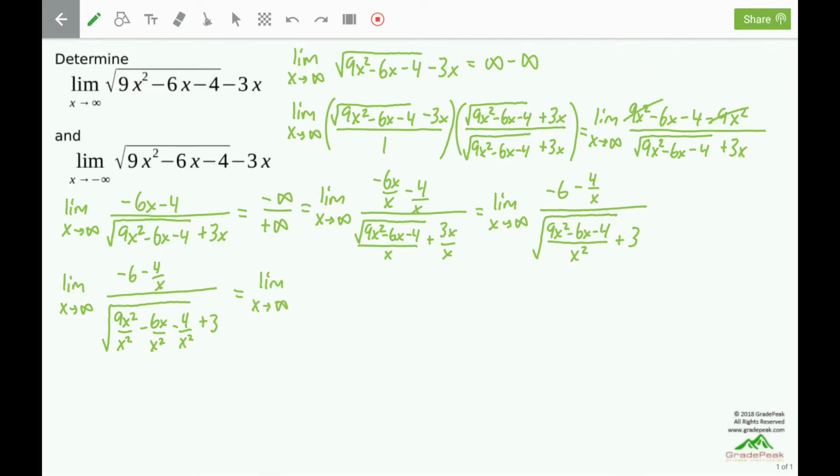And now some x's can be canceled in the terms under the root wherever possible. The first term under the root, the x squareds will cancel, leaving a 9. The second term, one of the x's from the denominator can cancel with the x in the numerator, leaving a minus 6 over x. The third term has no x's to cancel. It will remain as a minus 4 over x squared.